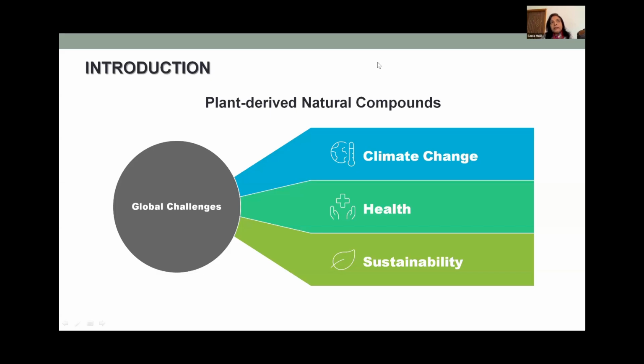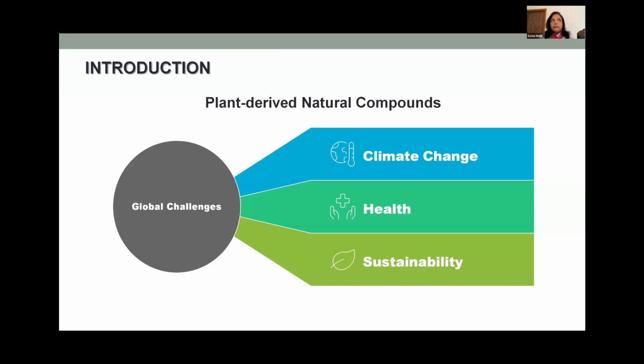If we think of cosmetics, agriculture, and pharmaceuticals, everyone is looking for natural compounds. Another challenge we are facing in today's scenario is sustainability. I mean, how to develop these compounds, and in future from where to procure them for their constant production.